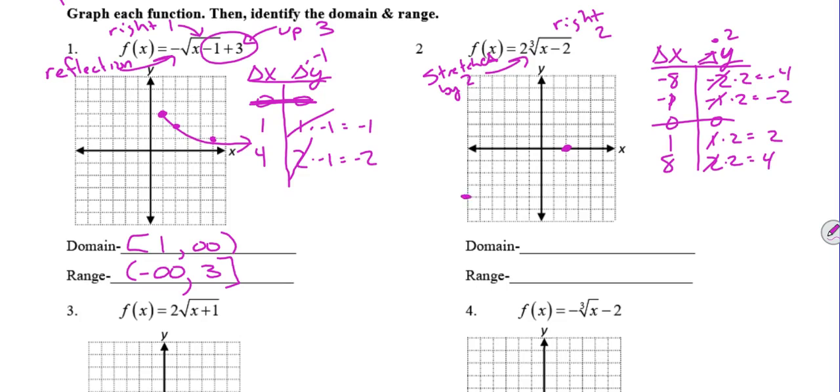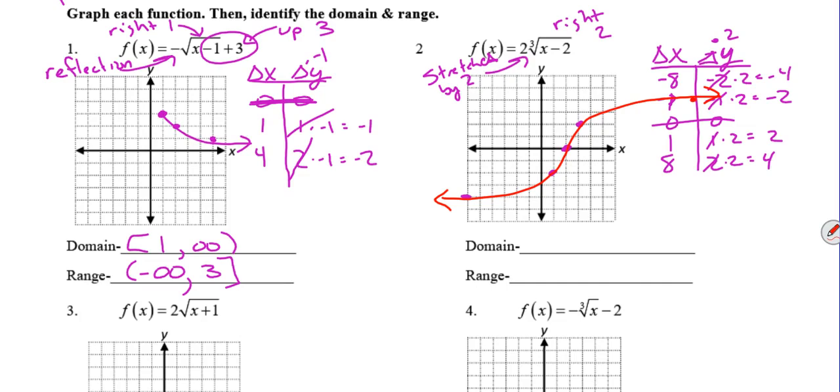I would go backwards 1, down 2, and that would be right there. I would go forward 1 and up 2, and then forward 8, up 4, which would put me somewhere about right there. And then we'll just draw our graph to make it look something like that.